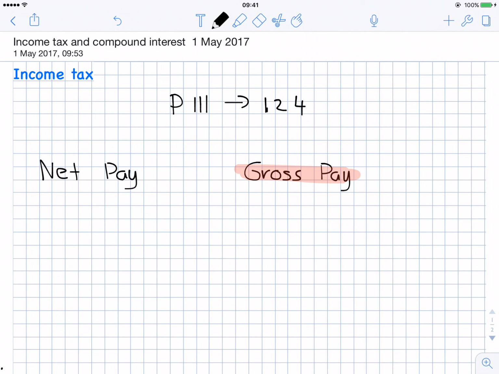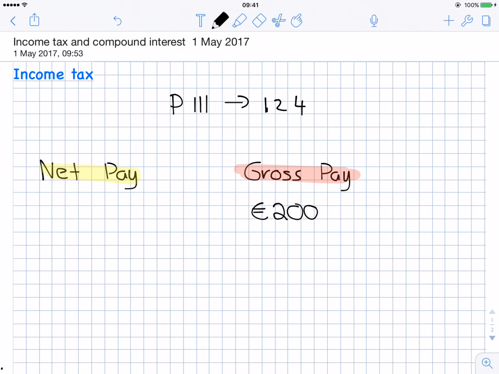So if you're getting €10 per hour and you work for 20 hours, your gross pay is €200. That's your wages before any deductions have been taken out. Your net pay, on the other hand, is the pay that you actually take home. The money which has the deductions taken out of it. So your tax is taken out, you might have savings coming over, there could be anything off your pay slip, but that's your net pay.